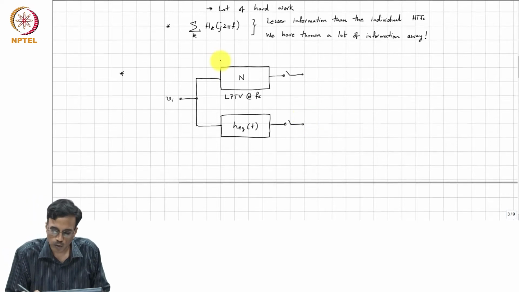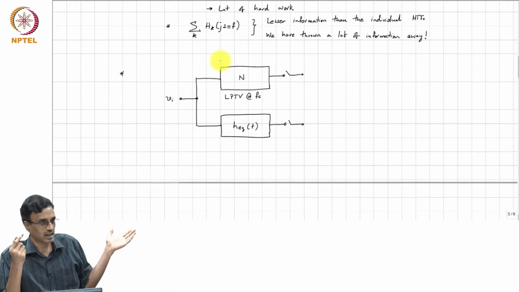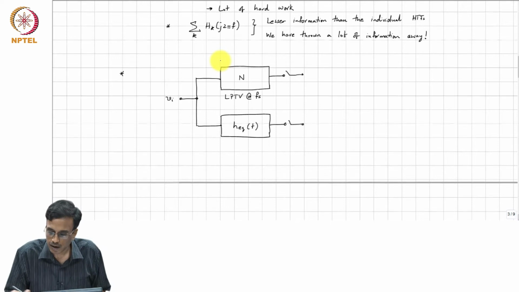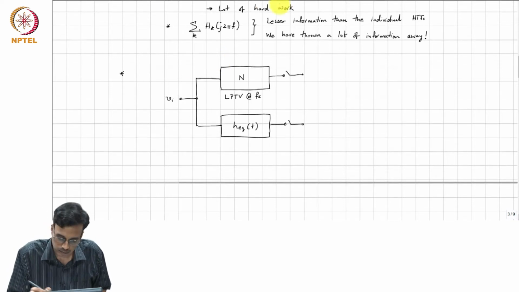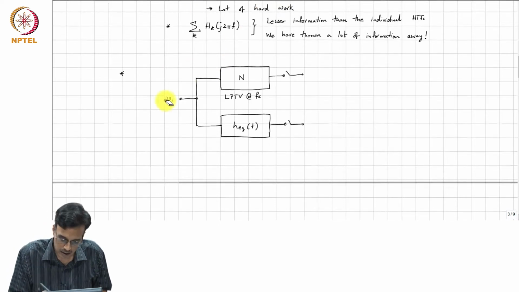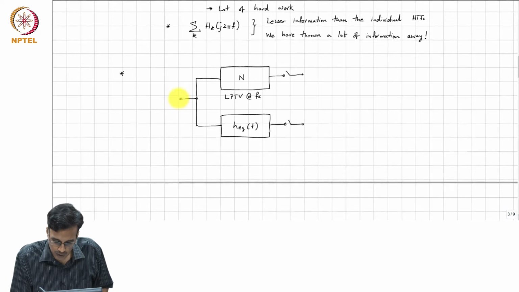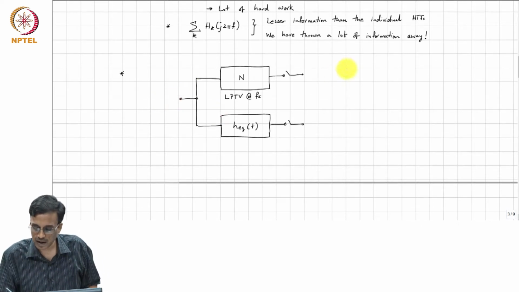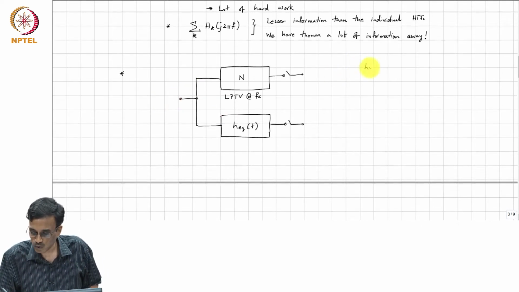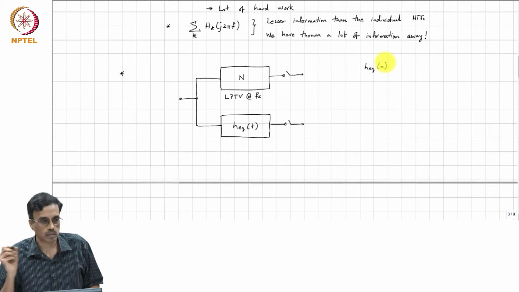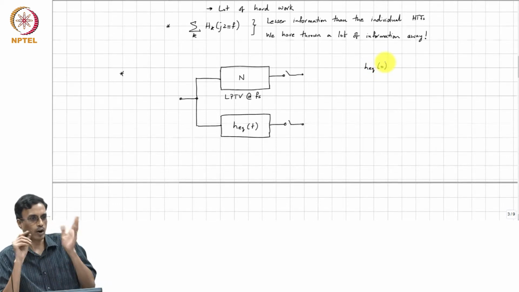Now, the question is, how do we get this H equivalent of t? So, let us say we excite the input with, let us say we are only interested in finding H equivalent of 0, right, just for argument's sake.